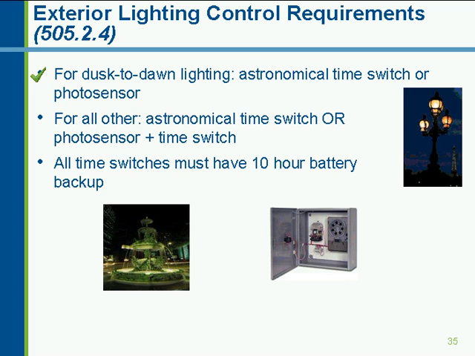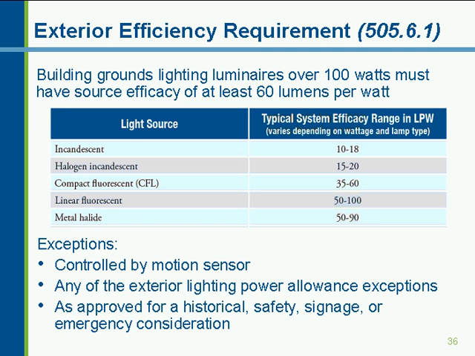If you have any other night lighting that isn't strictly dusk-to-dawn, you can either control it with an astronomical time switch or a combination photosensor and time switch. That's your choice, provides a lot of flexibility, but in either case, it's going to be automatically controlled. And all time switches must have a 10-hour battery backup, so if there's a loss of power, you're not going to lose the control requirements right away.